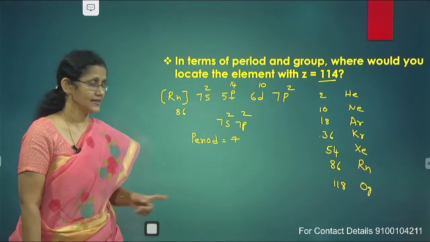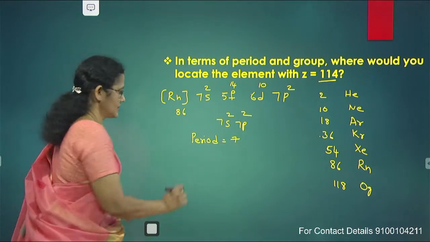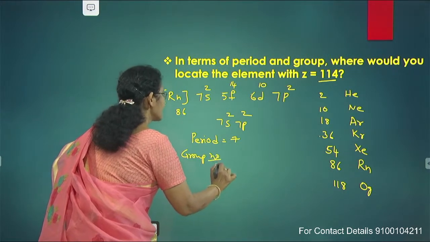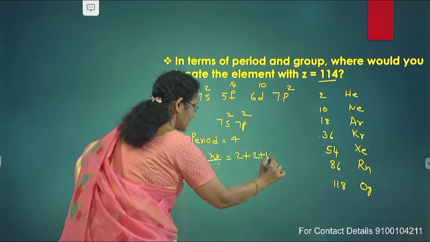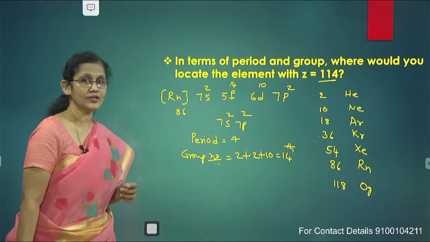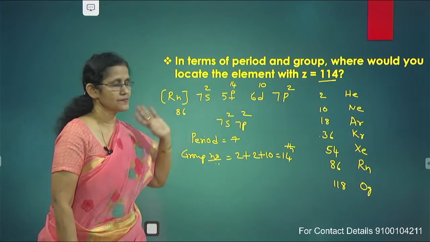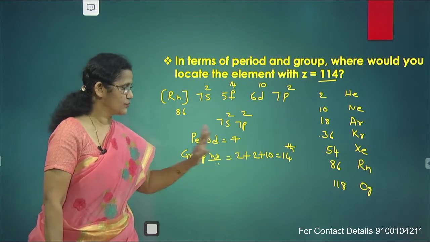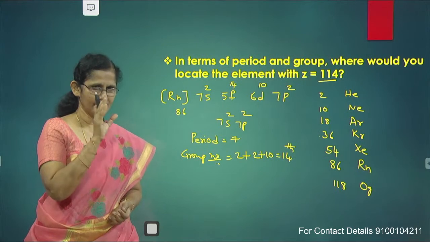How to calculate? ns electrons plus np electrons plus 10. So, 14th group. This particular element 114 should be in 7th period and 14th group. So, you should memorize these noble gases.